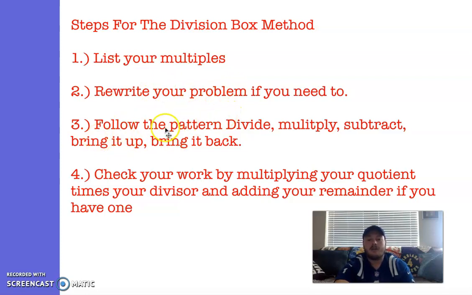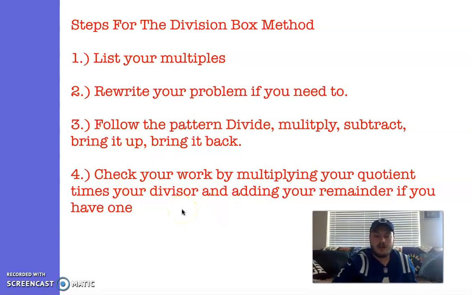The pattern is a little different, and you'll see why when we actually start solving the problems. But the pattern goes divide, multiply, subtract, bring it up, and bring it back. So the up is a little different than bringing it down. And then four, again, you can check your work by multiplying your quotient times your divisor and adding the remainder if you have one in your problem.